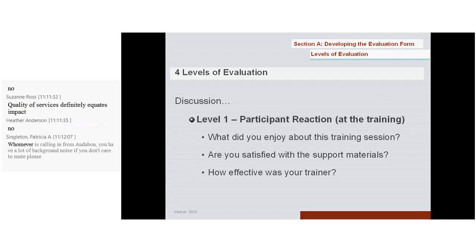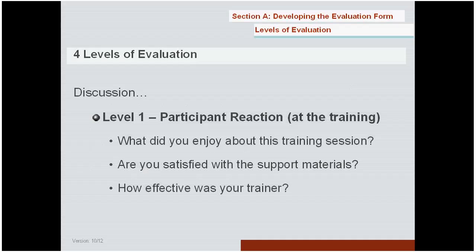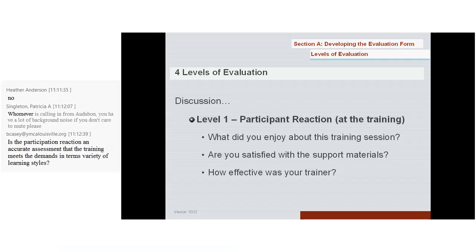And the methods for this level could be rating scales, yes-no questions, open-ended questions, and etc. You get more usable information asking simple open-ended questions than you do a yes-no. For instance, where you see there, what did you enjoy about the training session? That's an open-ended question, and people have a chance to give something to you.